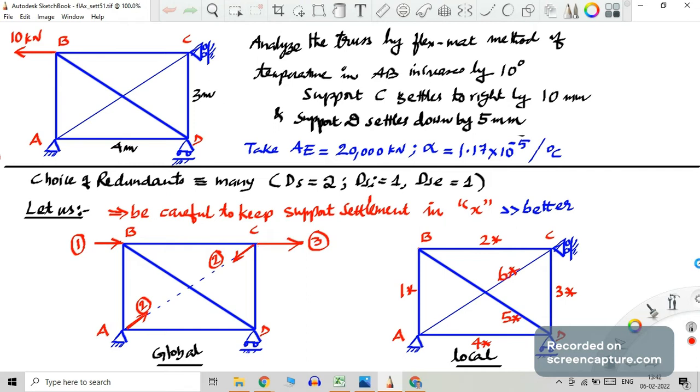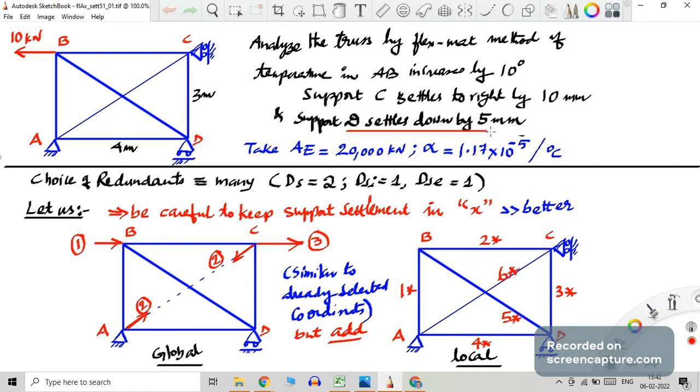Now, one thing is missing here: how to model the settling of 5 mm at D. So we need to think of how to do this.